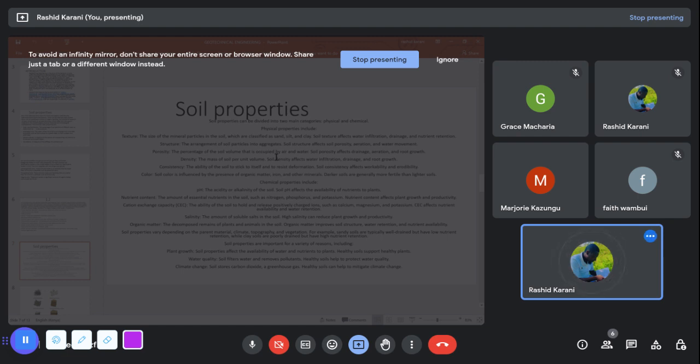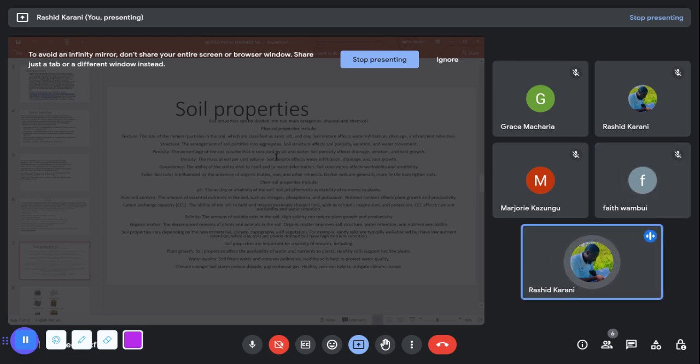So, Faith, can you tell me at least two importances of the soil properties? Yes, Faith. We have plant growth.